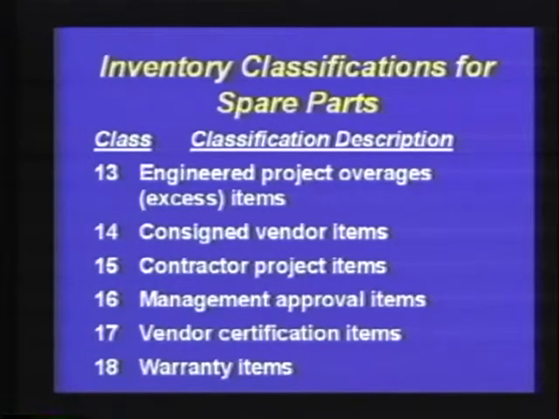Now, let me just make a comment relative to the following potential question. Frank, is it possible that part numbers could have more than one inventory class code? The answer is yes. I could have an item where I may have both planned and unplanned requirements.